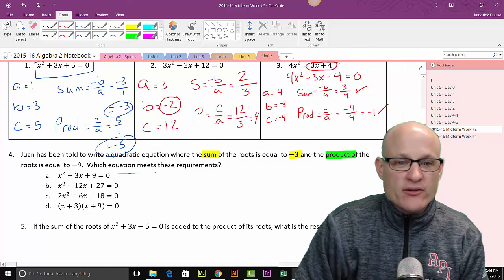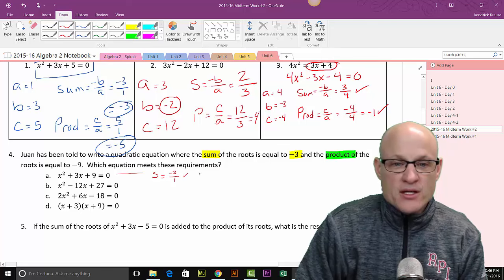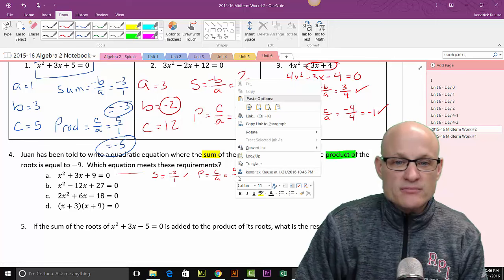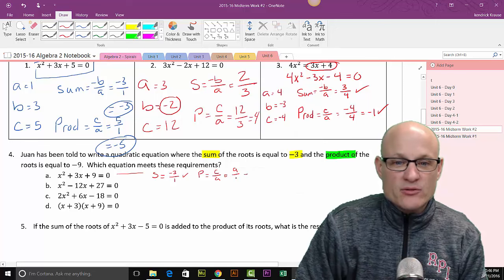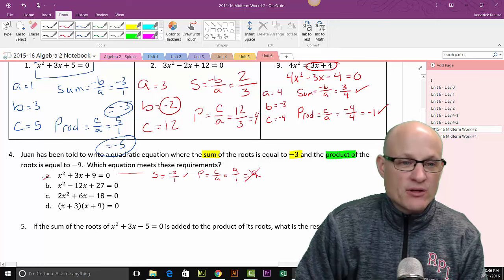The sum is equal to -b, -3, over a, which is 1. Well, that's -3, so that works. The product is equal to c over a, which is equal to 9 over 1. But that equals 9. That doesn't work. So we can't count that one. We'll get rid of that one.